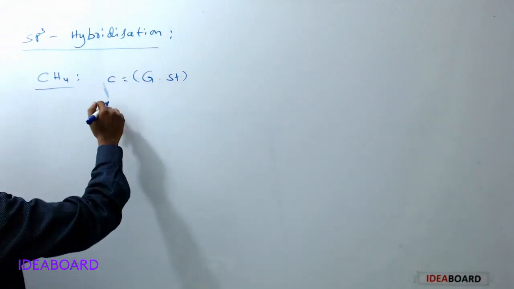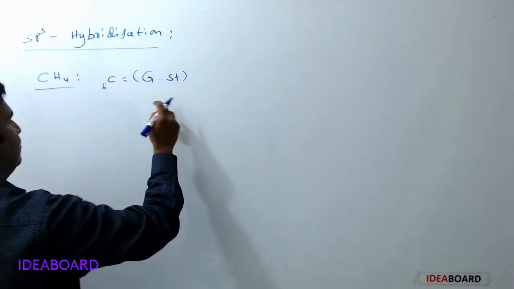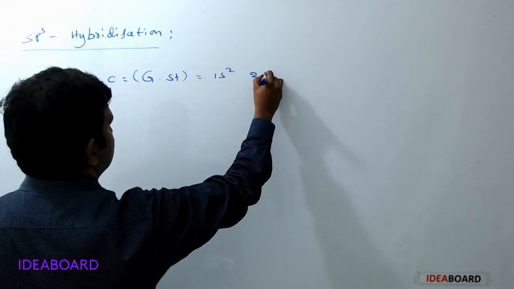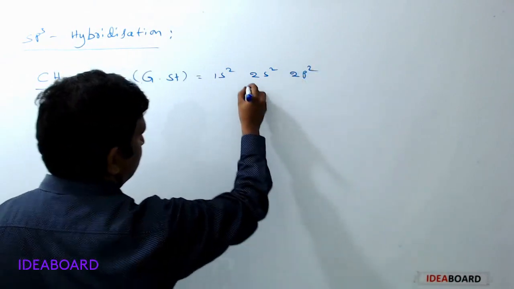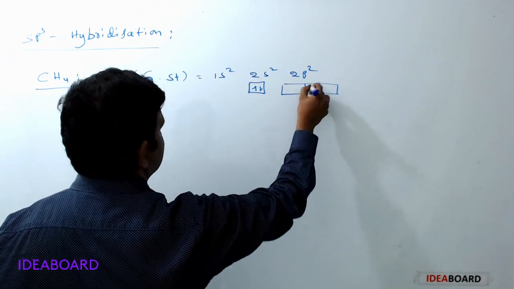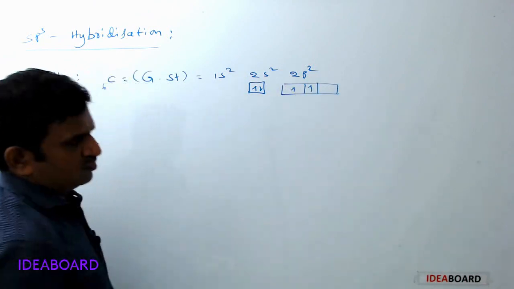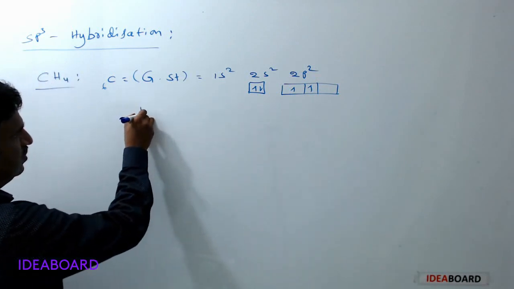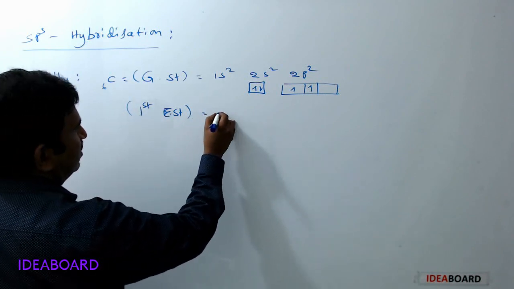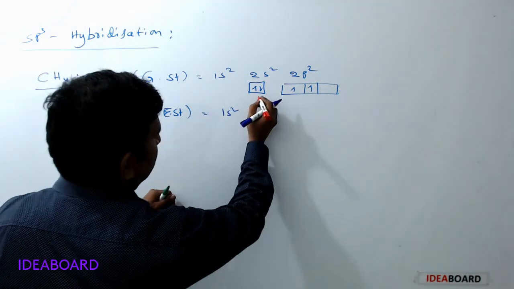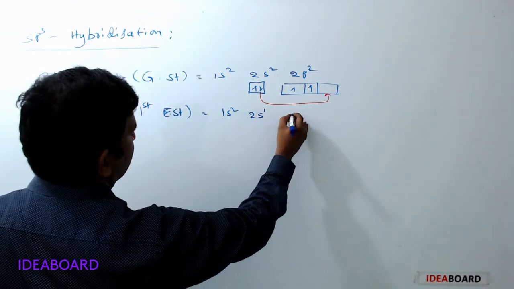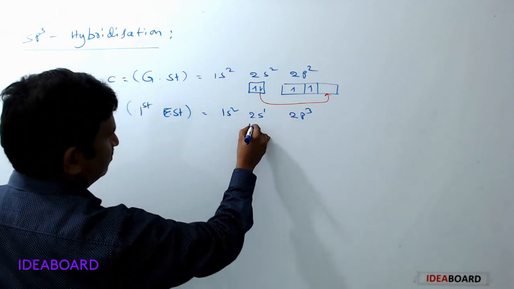Carbon means atomic number is 6, so we can write the configuration as 1s2, 2s2, 2p2. The p orbital contains 2 electrons only. And it goes to the first excited state very easily, and the 2s electron jumps into the 2p orbital, so we get 2s1 and 2p3.